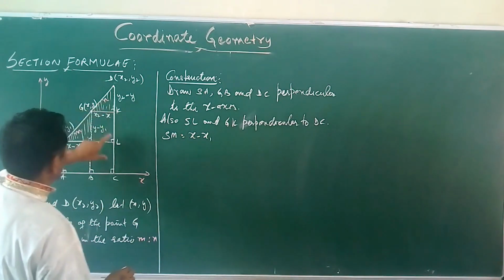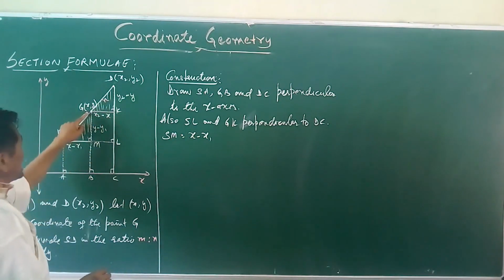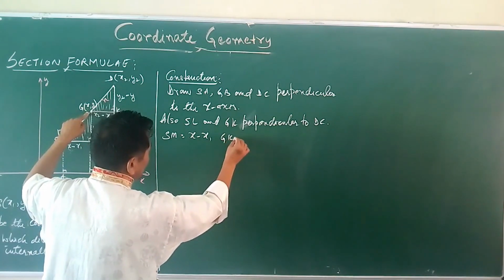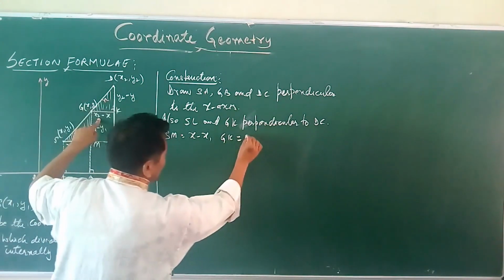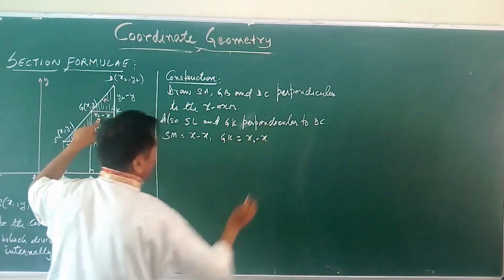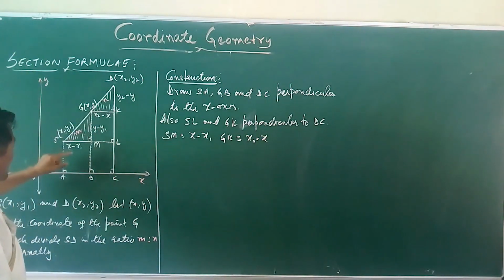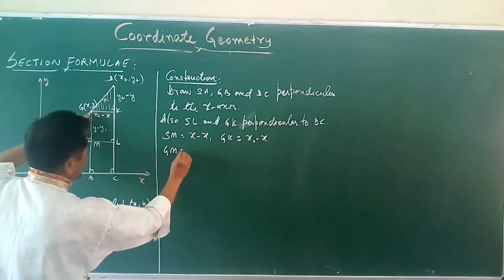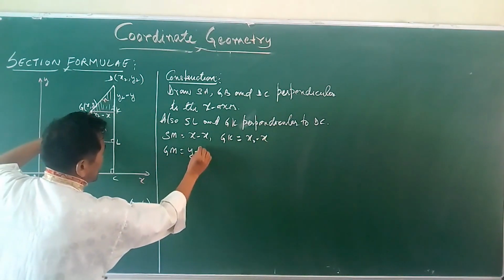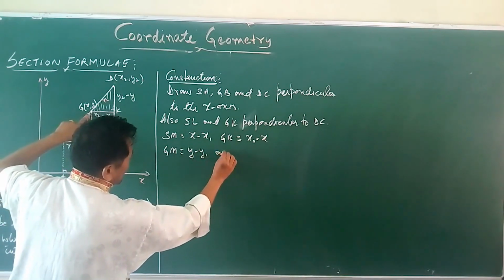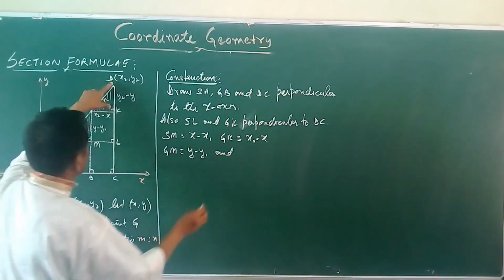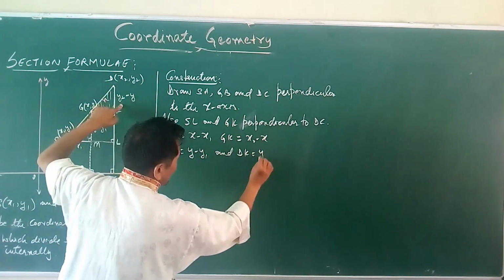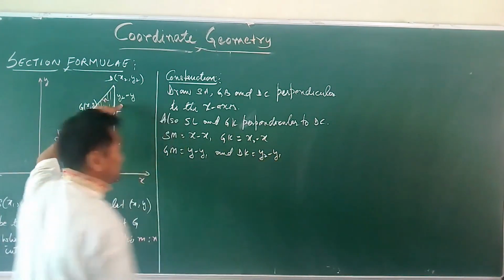The other one is GK, which is equal to x2 minus x. On the y axis, JM, which is equal to y minus y1, and lastly we have DK, which is y2 minus y1.